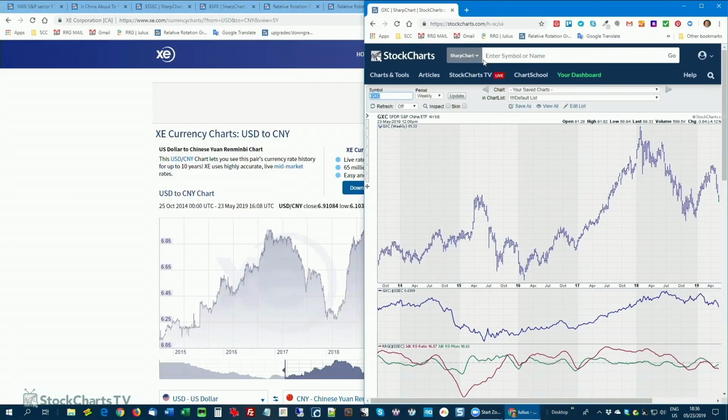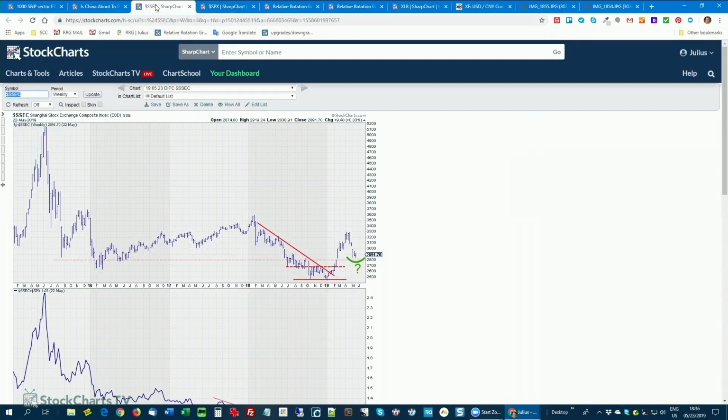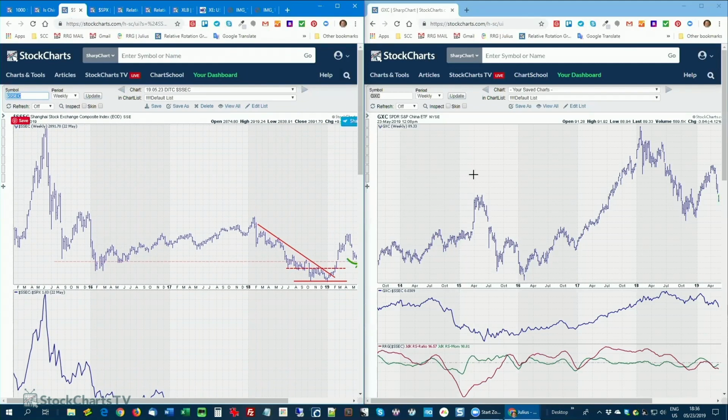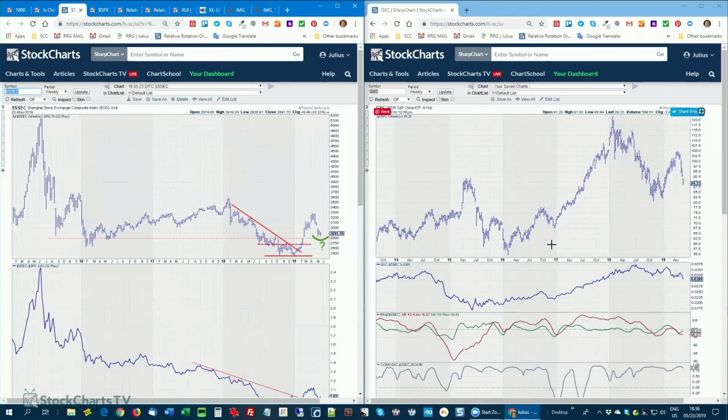So here is that ETF, and here is that Shanghai market. So these are the same graphs. Look at that. This high in 2015 is way up there. Look where that ETF was. And look where that peak in 2018, which corresponds with this one, was. So the ETF is way higher than the peak in 2015 than it was in the local market.